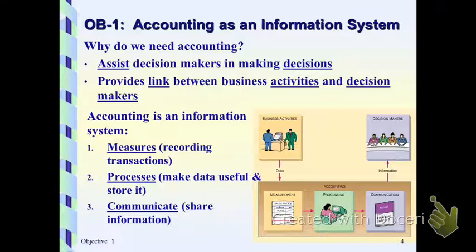It stores that data until it is needed and then processes it into useful information that can be communicated through reports to various different business decision makers. Data about business activities are the input into the accounting system, and the useful information is the outputs of accounting.